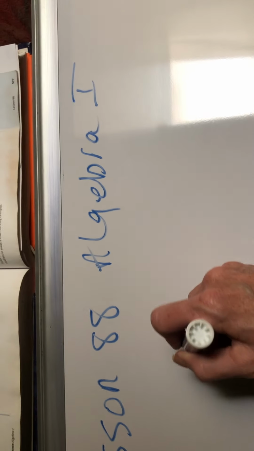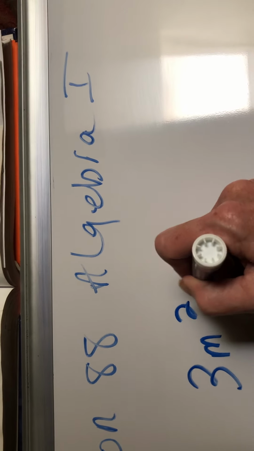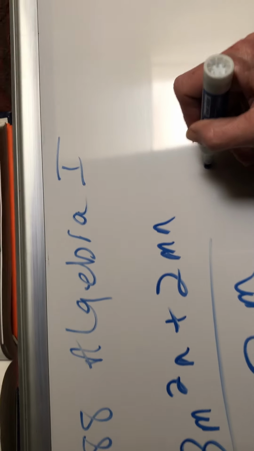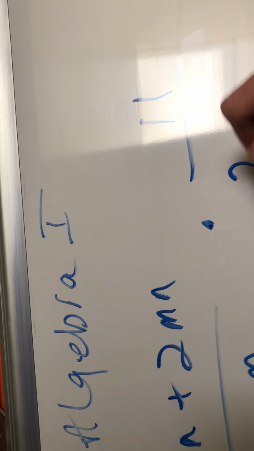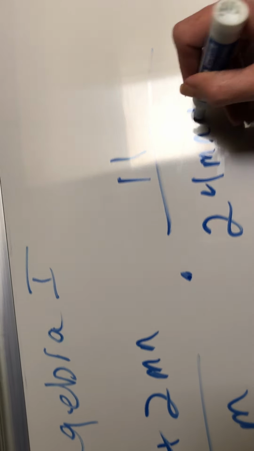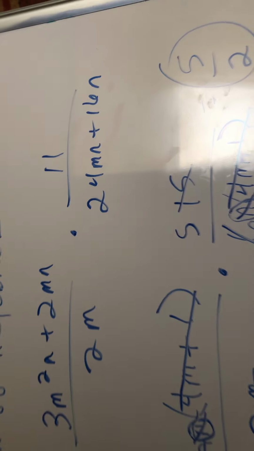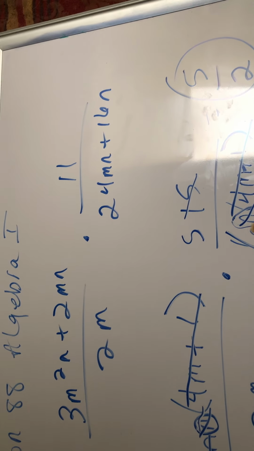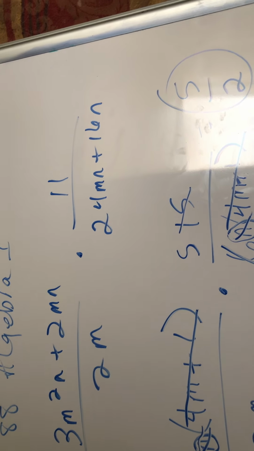Let's try another one like that because a lot of stuff happened. So let's see. 3m squared n plus 2mn over 2m, times 11 over 24mn plus 16n.